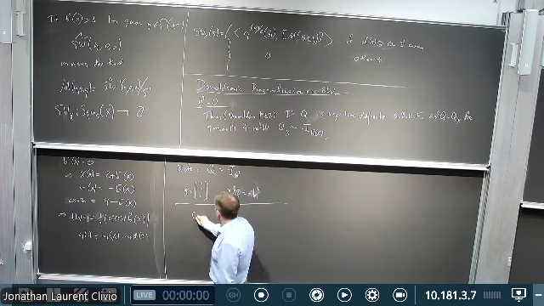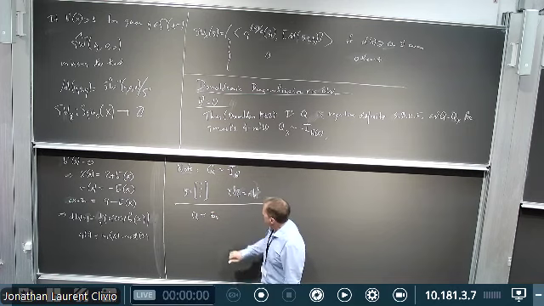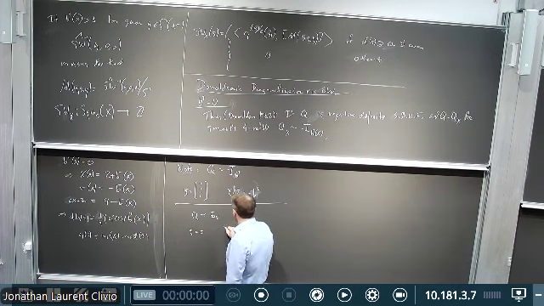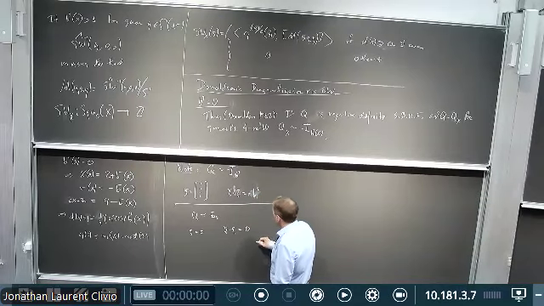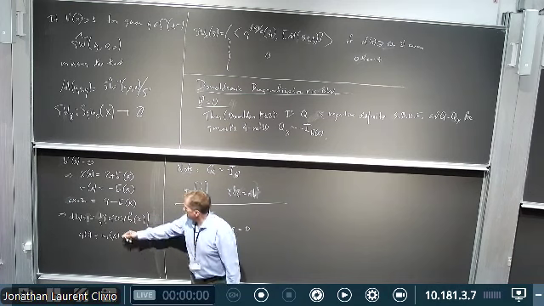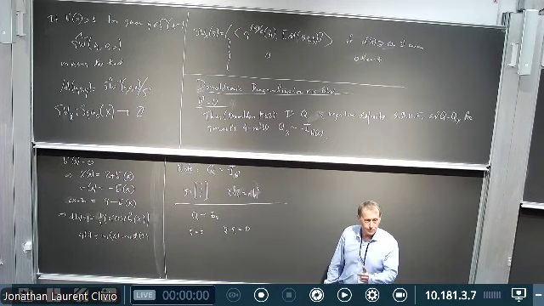But suppose Q is E8, again with our convention that it's negative definite. Then C equals 0 will do, and then this number would be 8, positive.